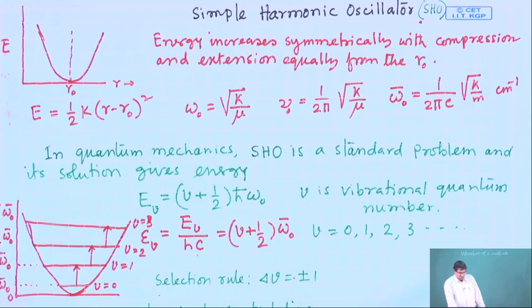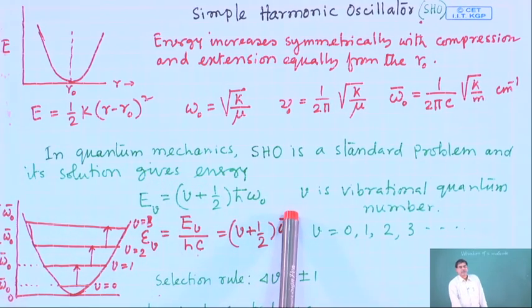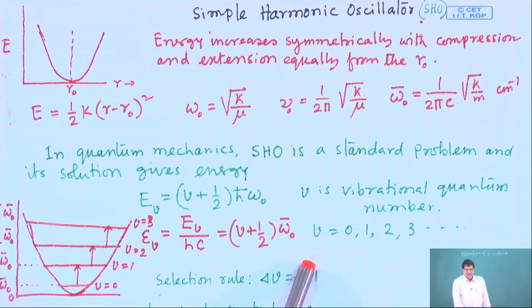In wave number, the energy is nu v equal to E v by hc, that is (v plus half) omega 0 bar. The first is in joules or electron volts, whatever, and this one is in centimeter inverse, wave number.